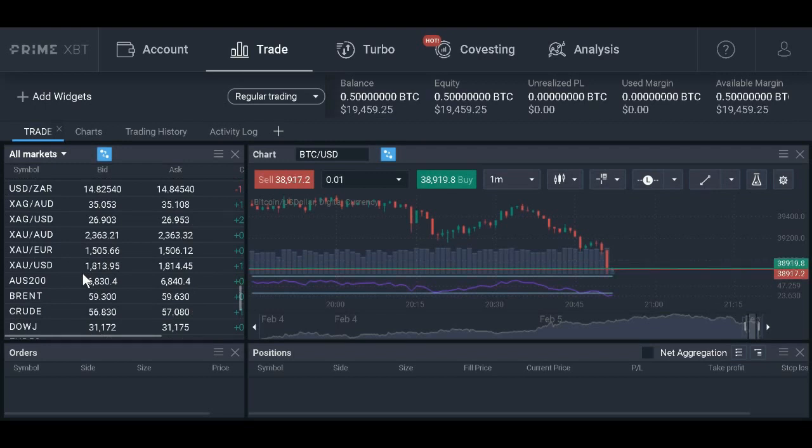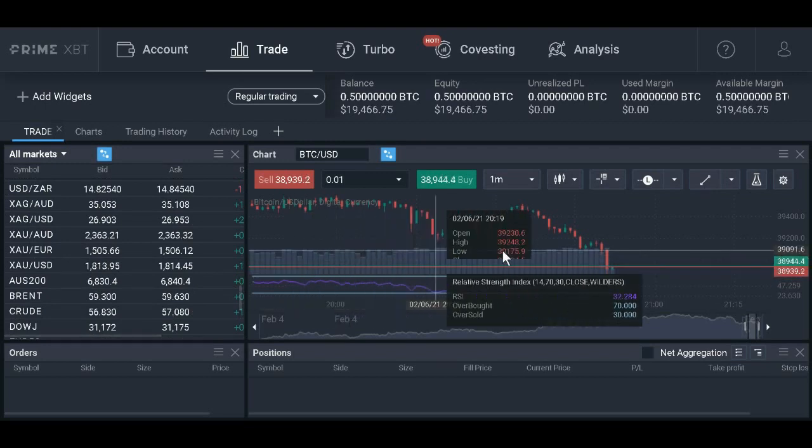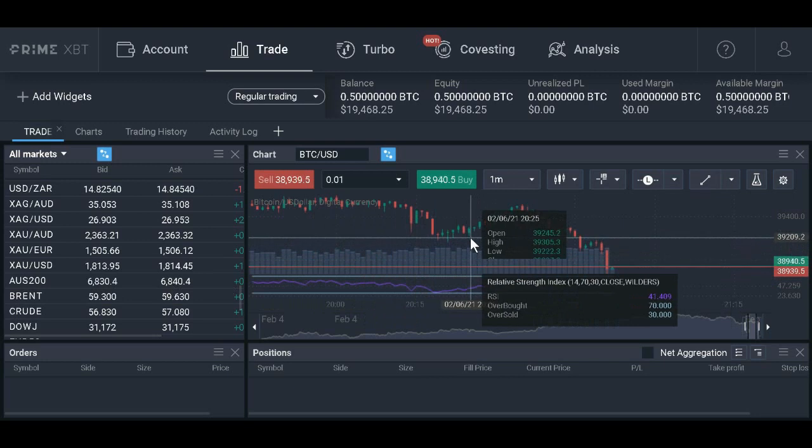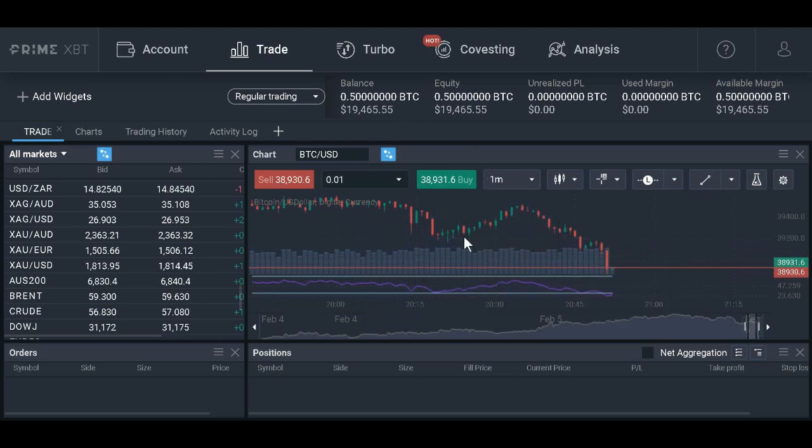I want to show you really quickly how to place a trade or make a new order. I am on the order page, and you can see that I have a balance here, and I'm ready to trade. I'm looking at Bitcoin against the US dollar right now, and it went down. And check it out, the RSI. I've got the RSI right up here, regular settings, on the 1 minute candlestick chart, and it went below that 30 level on the RSI.